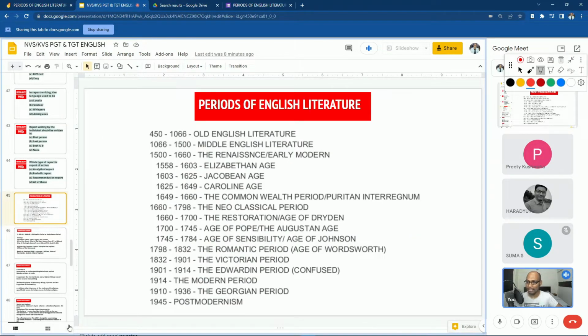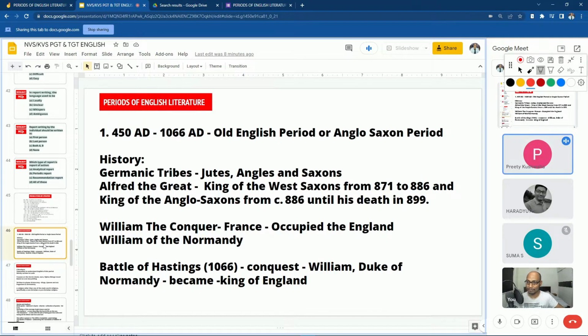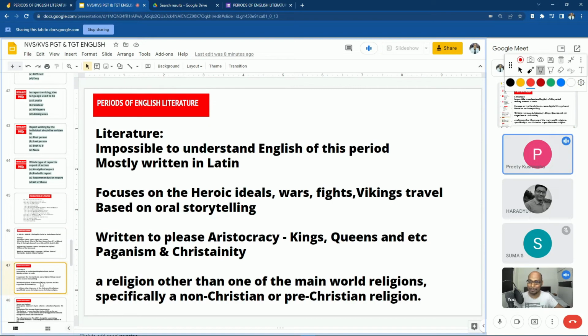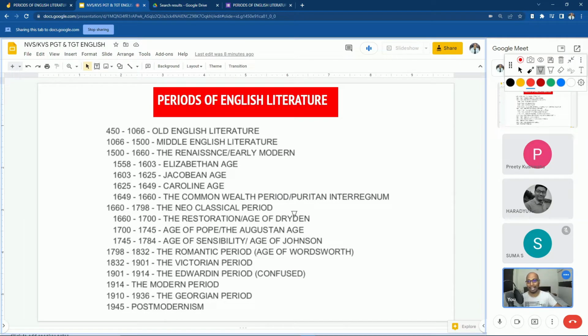Correct. Next. 1625 to 1649 Caroline age, then 1649 to 1660 Commonwealth period. Good. So only one correction, otherwise absolutely perfect. Ghoshji, are you there?